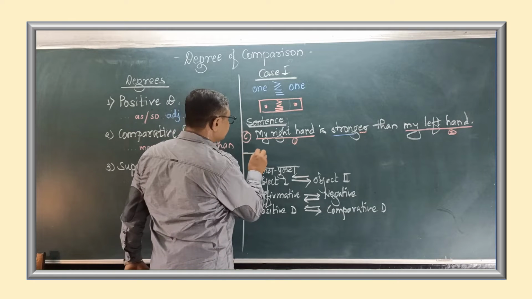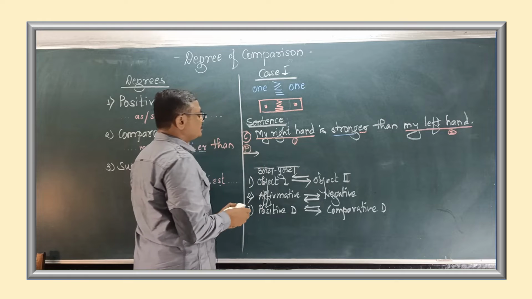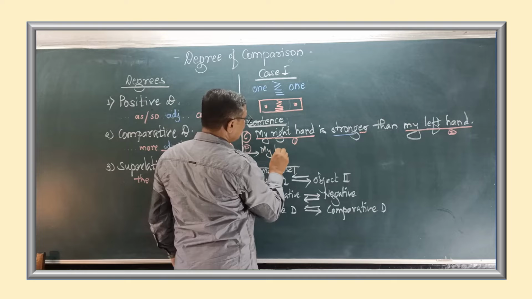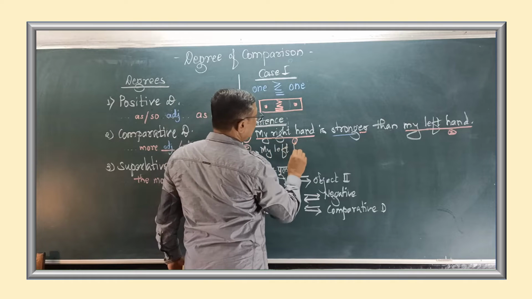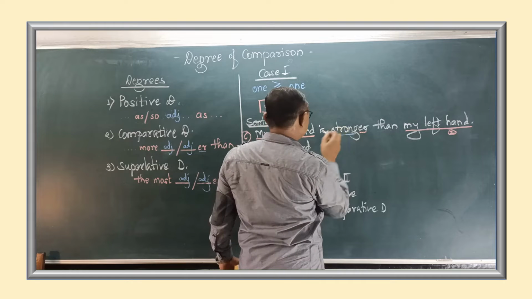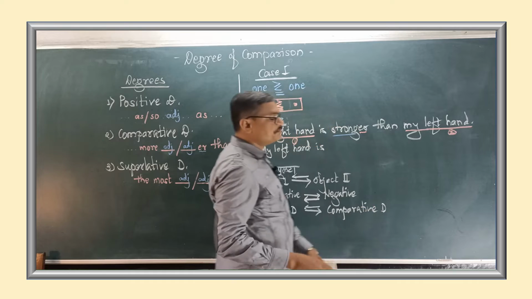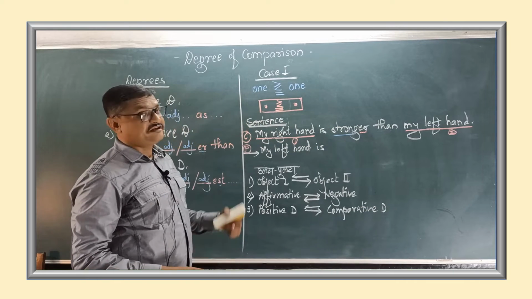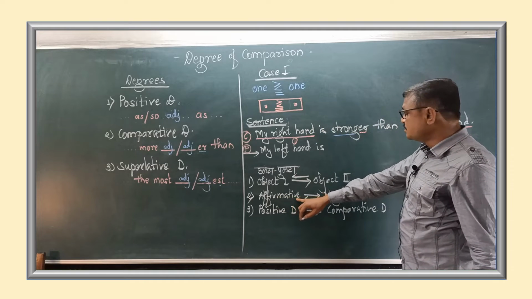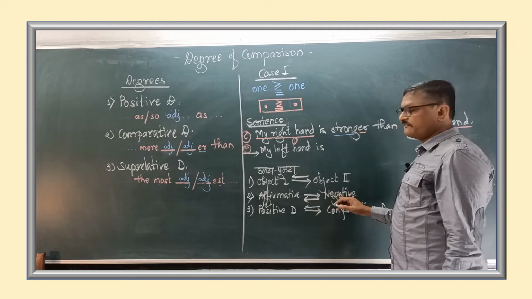We'll solve this sentence. You are given comparative degree, we'll change it into positive degree. The second object, my left hand. The tense of the sentence is this, is wala, simple present tense. My left hand is, and this rule you'll use now. Affirmative sentence will become negative.